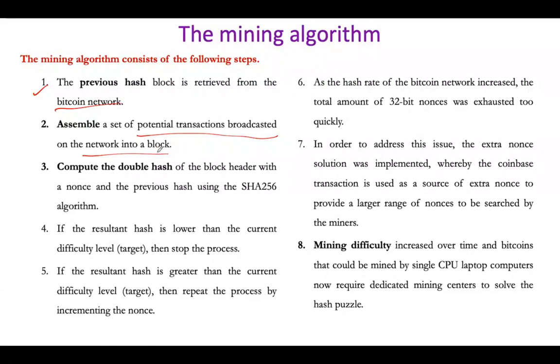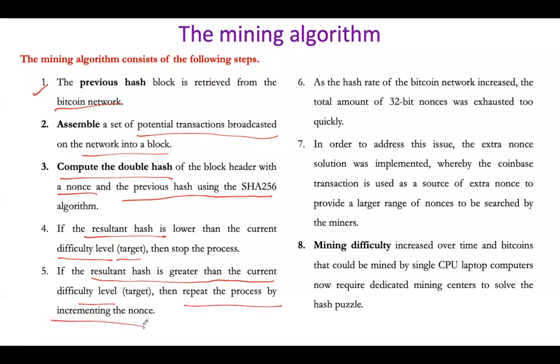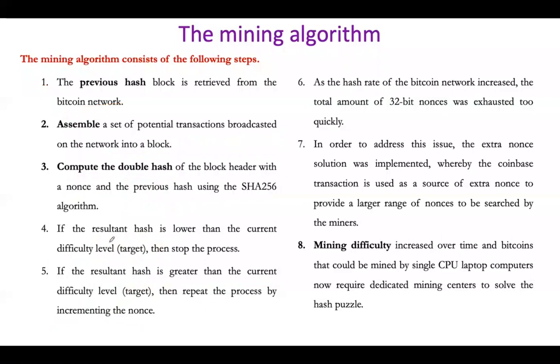Once all the transactions are added, compute the double hash of the block header with a new nonce value and the previous hash using the SHA-256 algorithm. If the resultant hash is lower than the current difficulty level or target, then stop the process. If the resultant hash is greater than the current difficulty target, then repeat this process by incrementing the nonce.